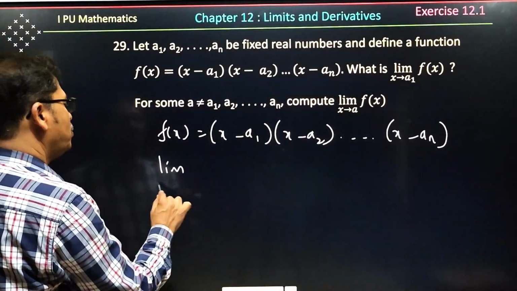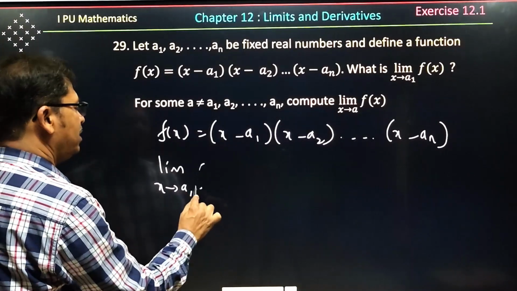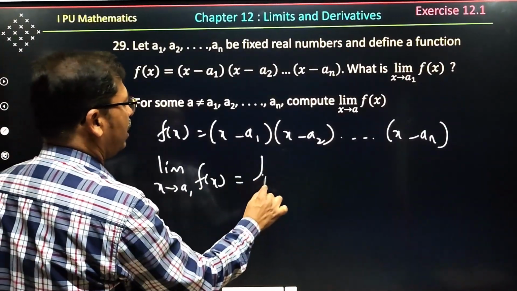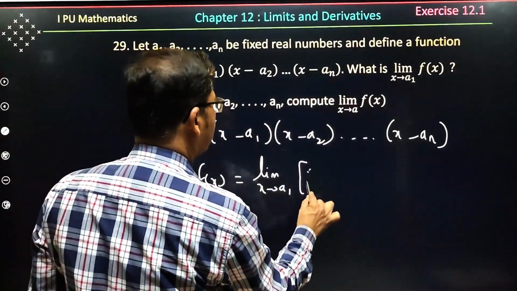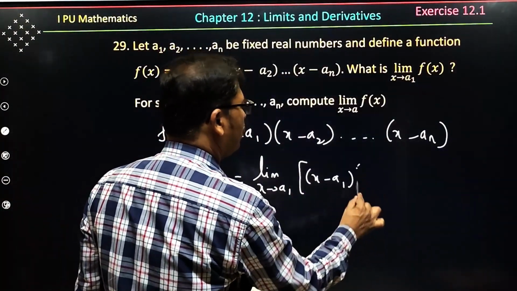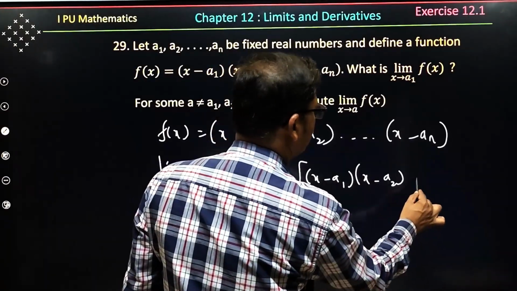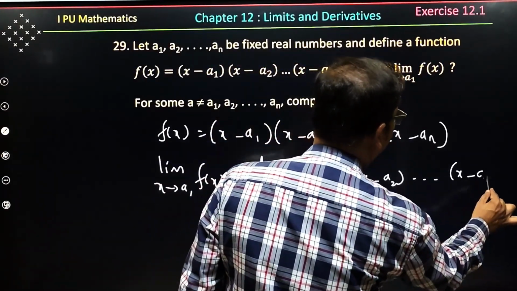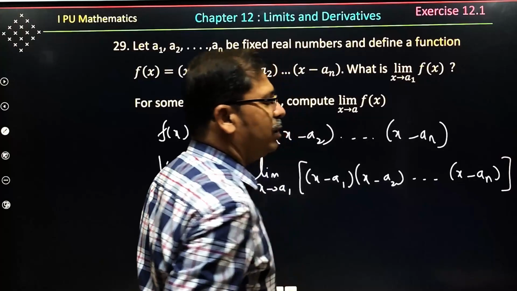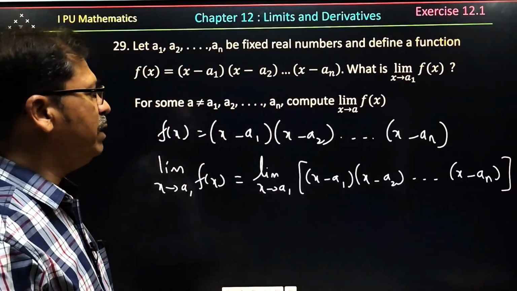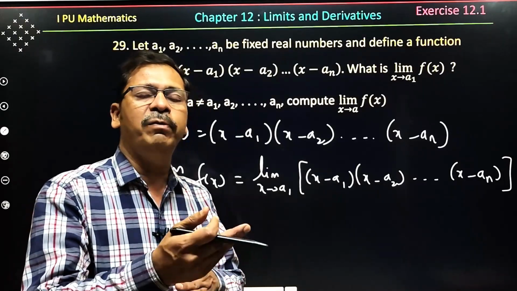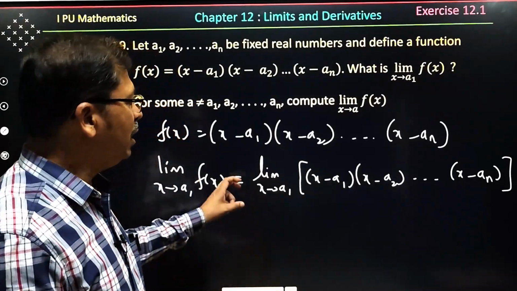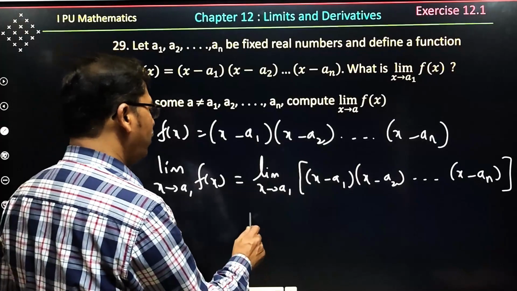Limit x tends to a1 of f(x) is equal to, you apply limit x tends to a1 and then this is (x minus a1) into (x minus a2) and so on up to (x minus an) here. Okay, you just apply the rule of the limit. Limit x tends to a of f(x) into g(x) is equal to limit x tends to a of f(x) into limit x tends to a of g(x). That limit symbol is applied to every term here.